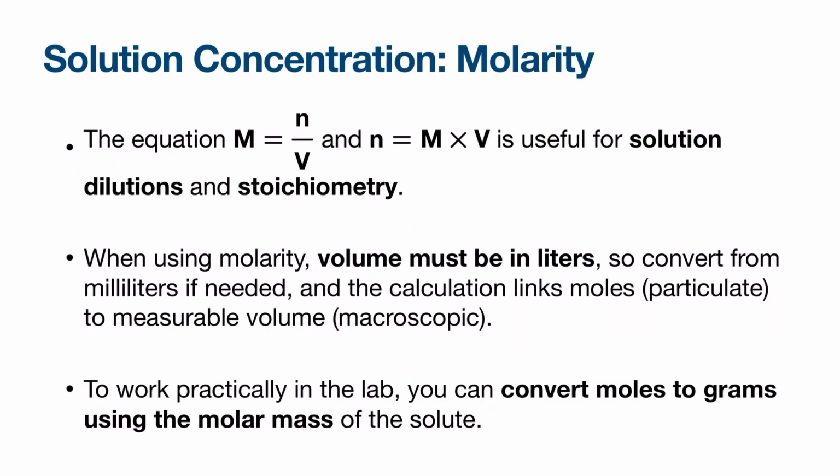The equations M equals n over V and n equals M times V are useful for solution dilutions and stoichiometry. We will use these equations repeatedly later on, especially when dealing with solution-dilution problems and solution stoichiometry.